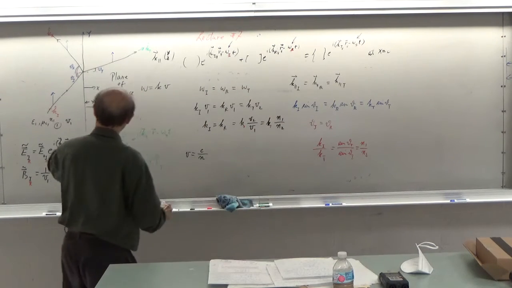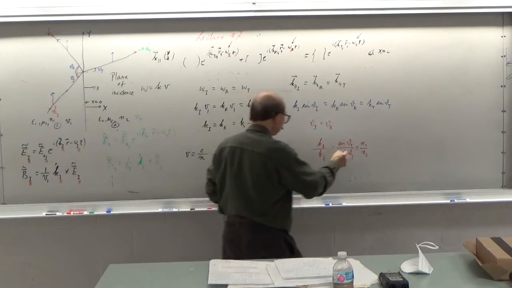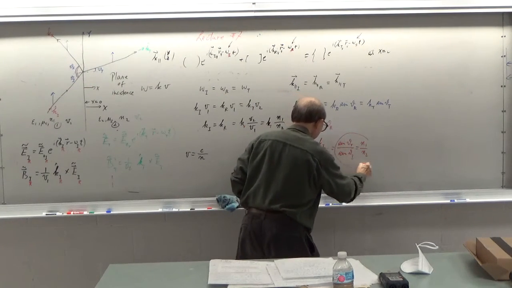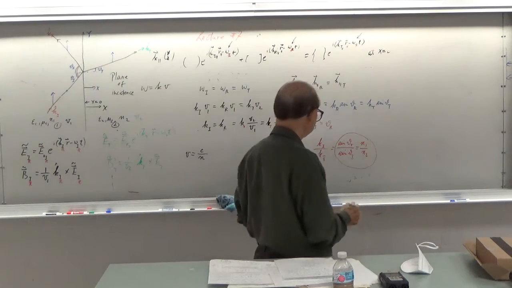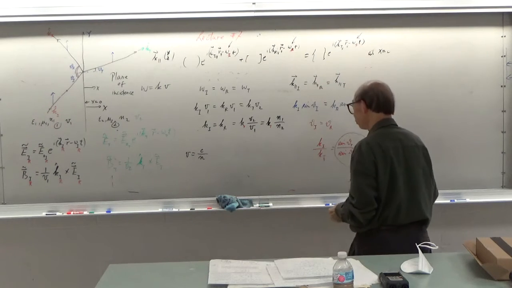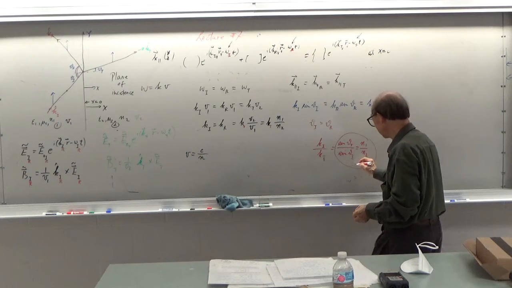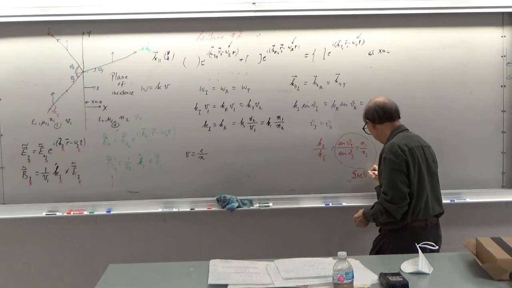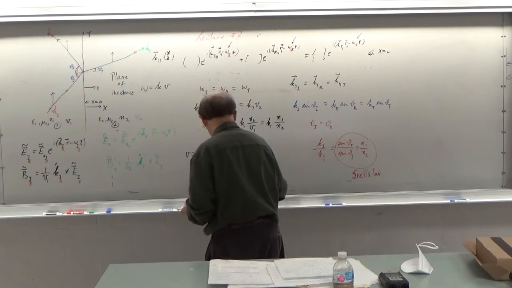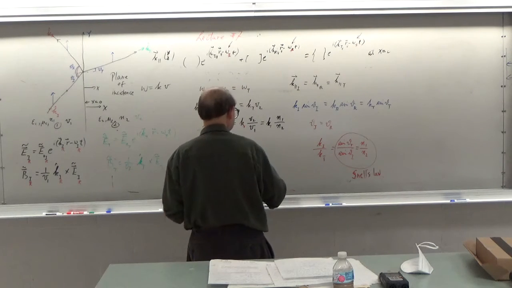So the angle of transmission and the angle of incidence are related by the two indices of refraction. This equality is known as Snell's law. And we may have use for this later on, so let me save this.